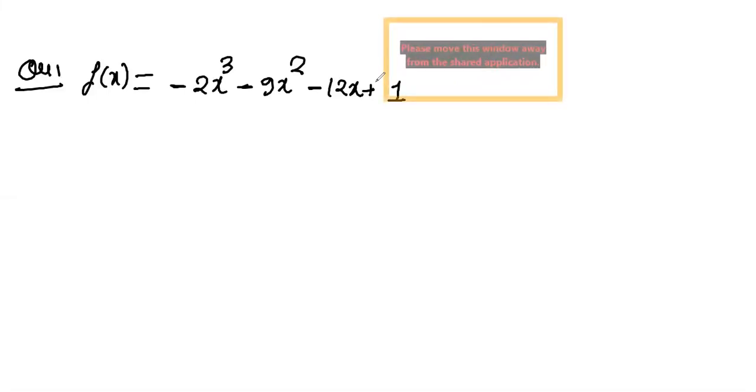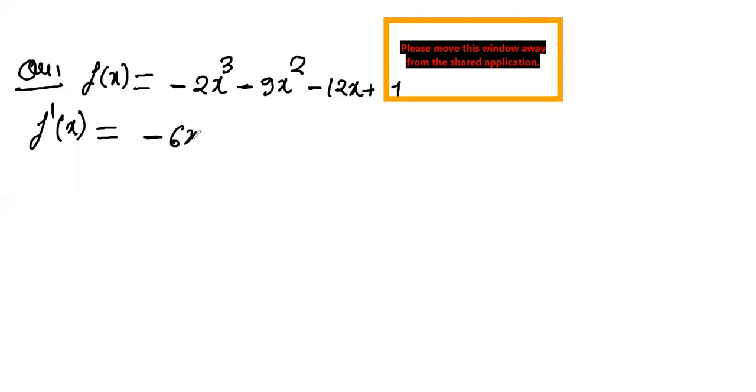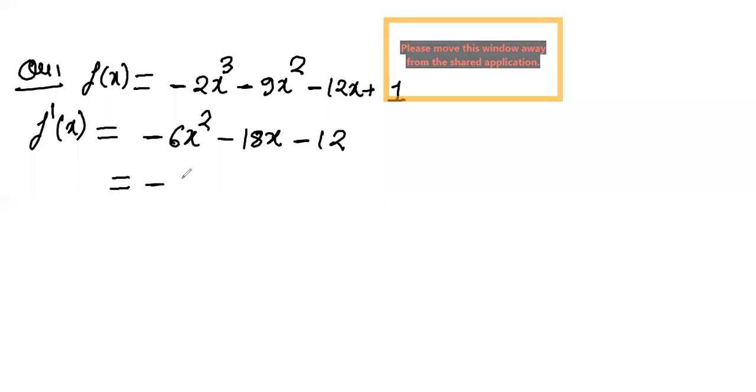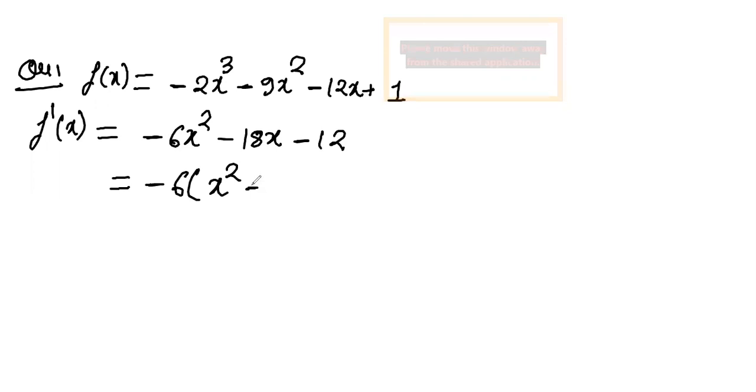The first step is to find f dash x. That is minus 6x square minus 18x minus 12. Taking minus 6 common, it will be x square plus 3x plus 2.